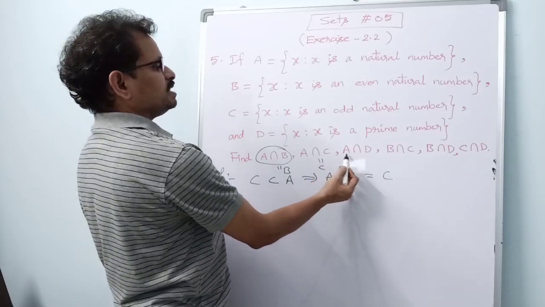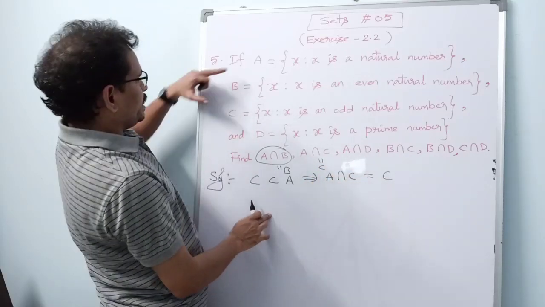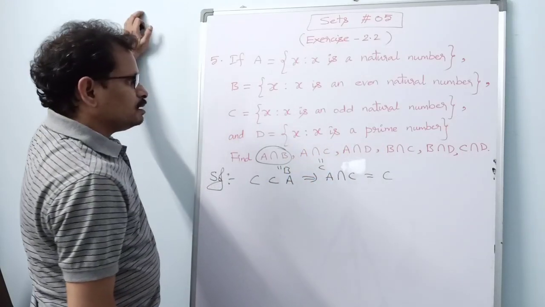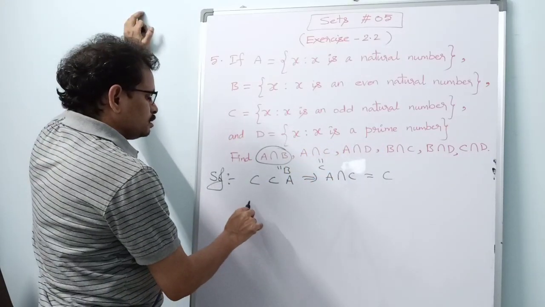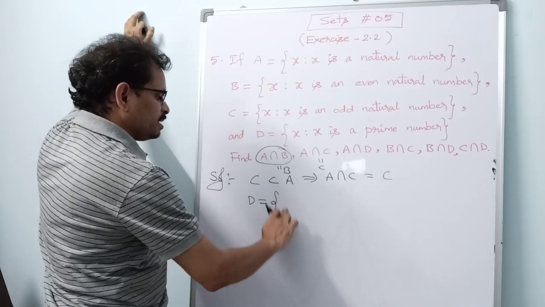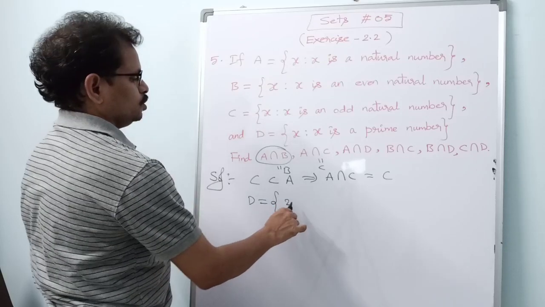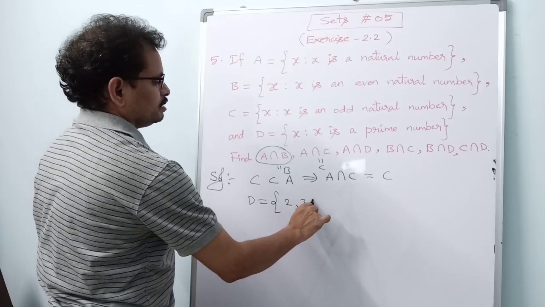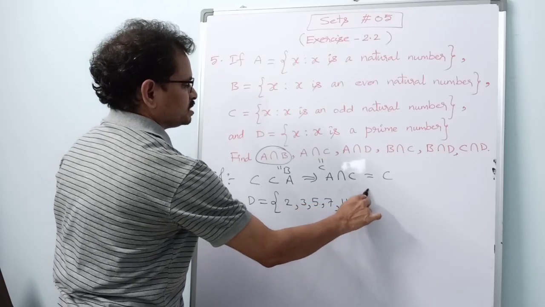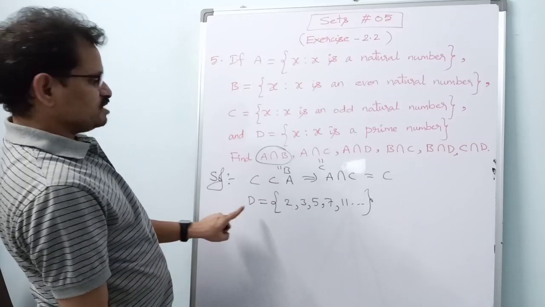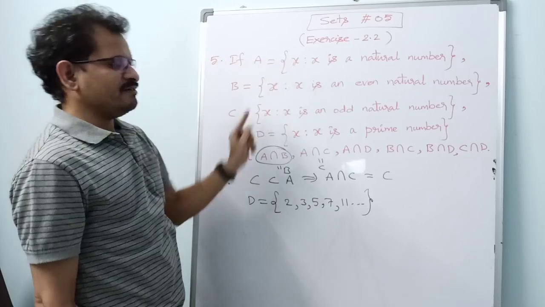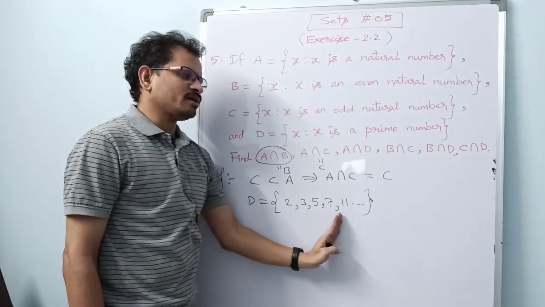Now let us check A intersection D. Here x is a prime number. Now D equals what? All prime numbers. 1 is not a prime number nor a composite number, so let us start from 2. 2 is a prime number, 3, 5, 7, 11, etc. Now it is very clear that this set D is a subset of A. A has all natural numbers 1, 2, 3, 4, 5, 6, 7, and so on.